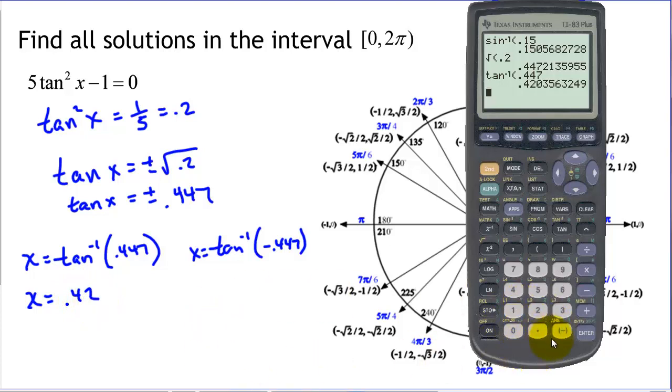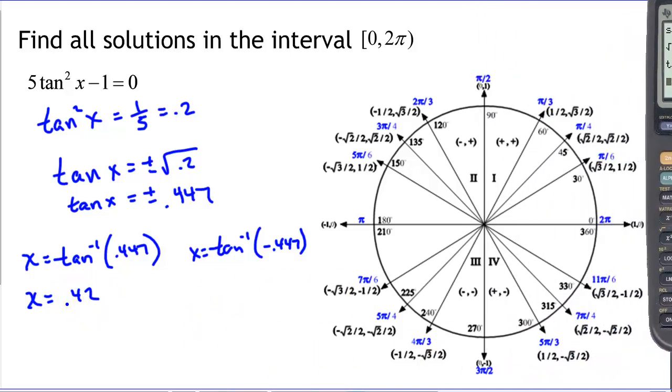So we need to find solutions where the tan is both positive and negative. So we need essentially solutions in all four quadrants. Quadrant 1, Quadrant 2, Quadrant 3, and Quadrant 4. Sorry, I'm having trouble writing that as a Quadrant 4. So Quadrant 1 is going to be the 0.42. Quadrant 2 will be this angle where this is 0.42.